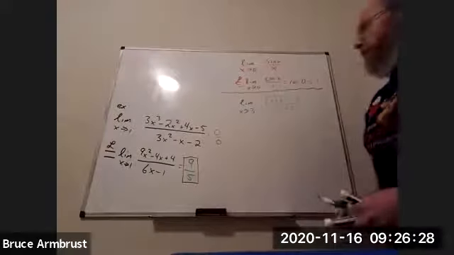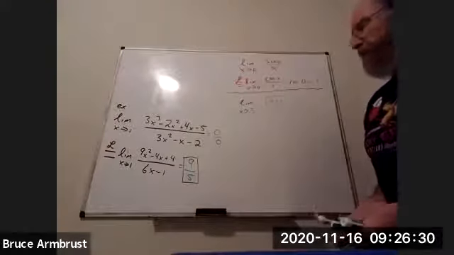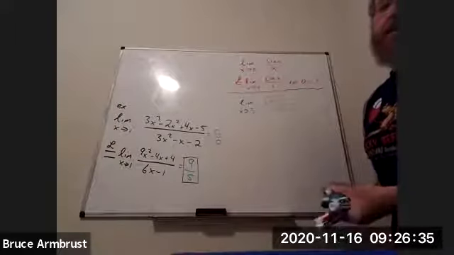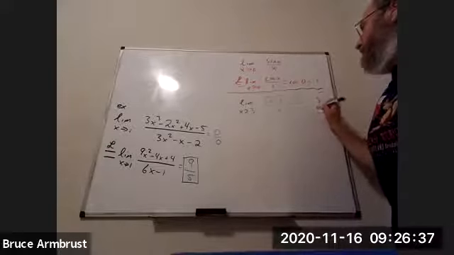All right, so if you plug in 3, notice that we get 0 over 0. Right? Square root of 9 is 3. 3 minus 3 is 0. That's 0 over 0.